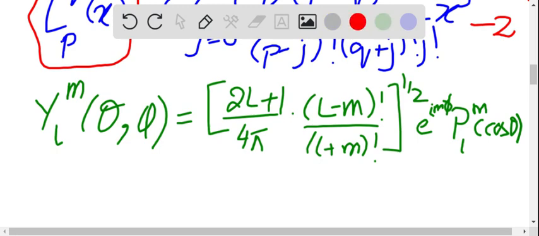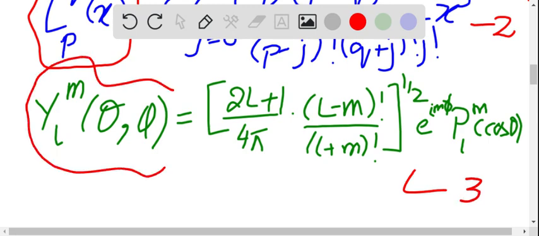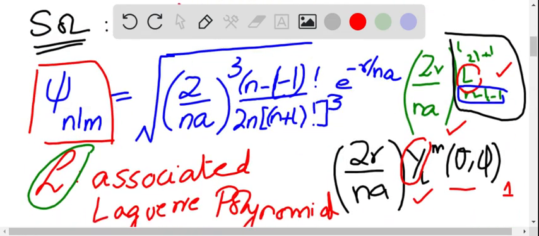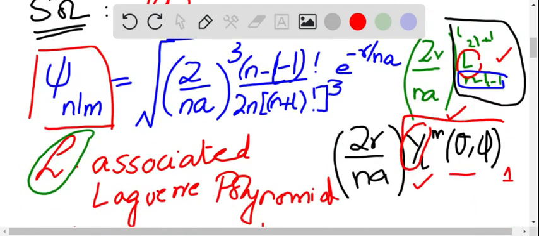So let's say that this is equation 3. Now similarly, as we compare the general form of Y with the Y that is present over here, right?